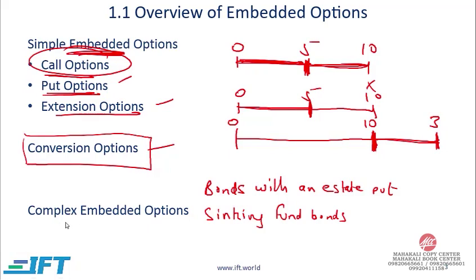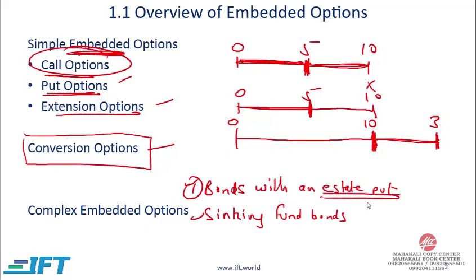Coming now to other types of complex embedded options. There are two major examples given in this reading. One is bonds with an estate put. The idea here is fairly straightforward. Let's say that we have a bondholder who dies and the bond then goes to his heirs.